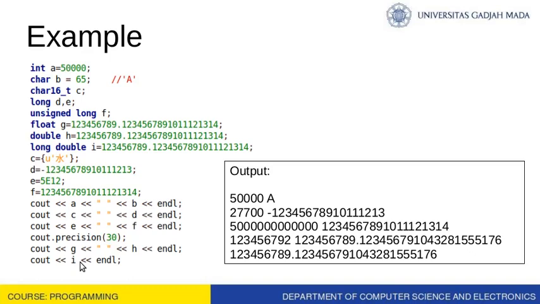So here is a small example of the data types that we have: integer, and then char for the character, and then this is char16_t that we can use for Japanese character, and then this is long integer, and then unsigned long, and so on.